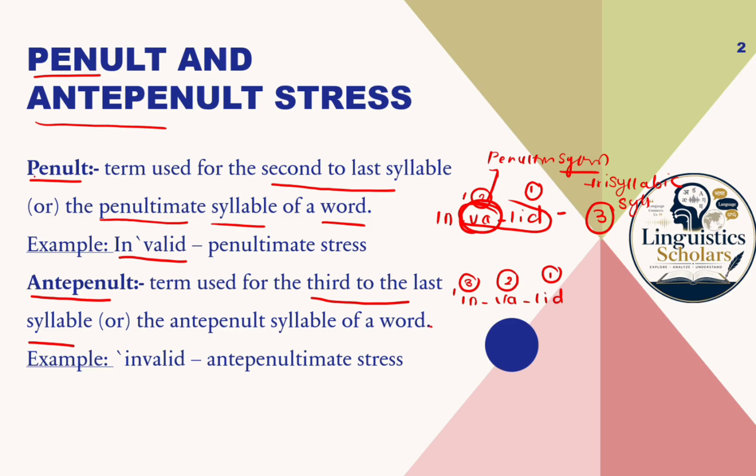That's it. I hope you are clear about penult and antepenult syllables and the stress. The syllable is referring to the third in the antepenult and the second in the penult, and if it takes the stress, then it is called penult and antepenult stress respectively.